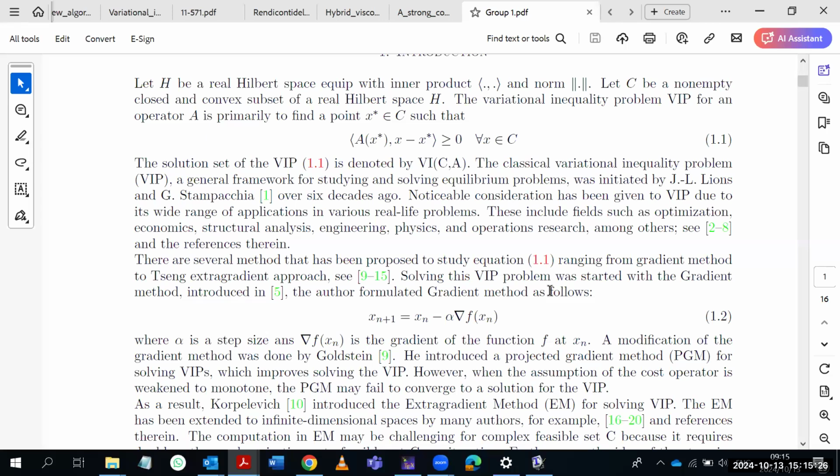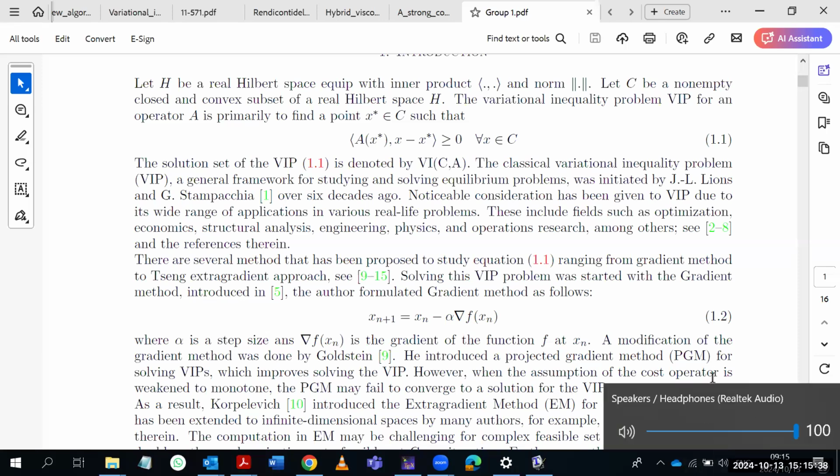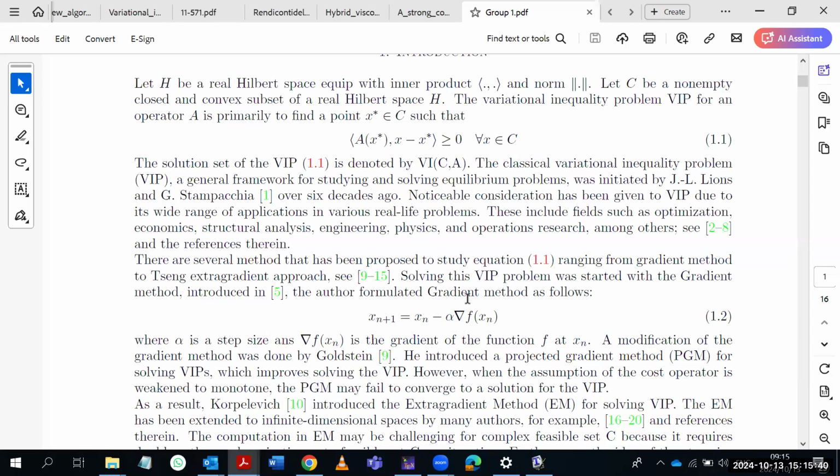Gradient of f is exploring the formulation of variational inequality as a minimization problem. So this is not a minimization problem. There's nothing gradient here. The gradient is the equivalent of the mapping A itself, that cost operator. So that should have been PC of xn minus alpha A of xn. So that's wrong. 1.2 is wrong.